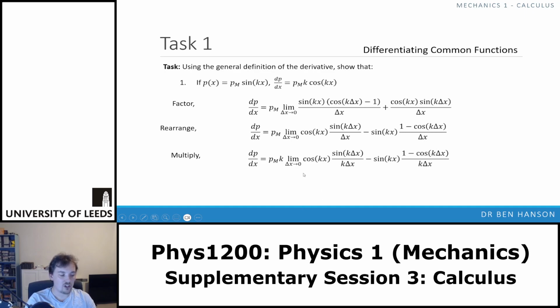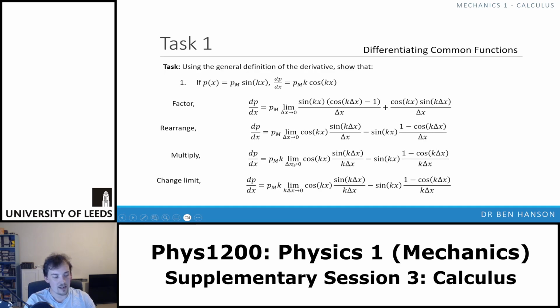And so as we take the limit of k delta x going towards 0, which is the same limit as delta x going to 0, it just goes to 0 at a different rate. If we take the limit as k delta x goes to 0, then this fraction becomes 1.